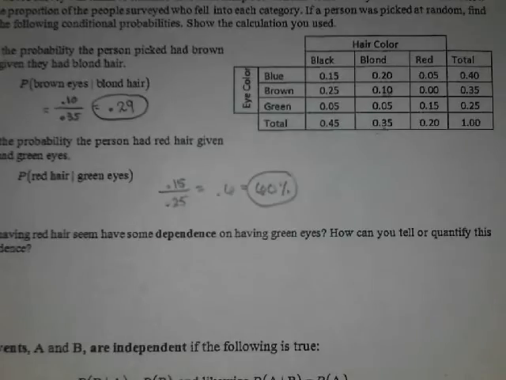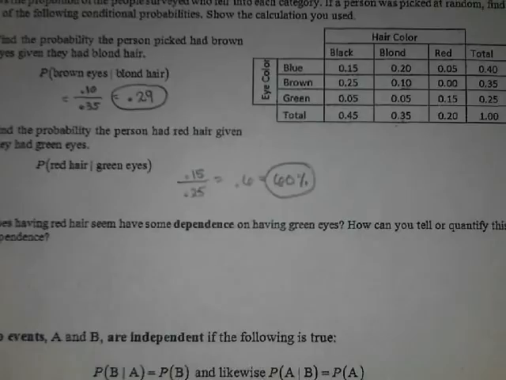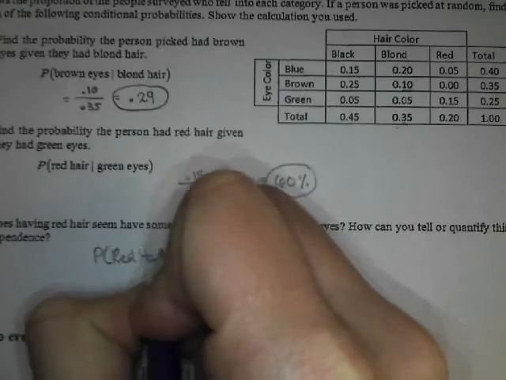Yeah, maybe. Okay. So the question then is, does having red hair seem to have some dependence on having green eyes? I would think so. Because if I just take a completely random person, what's the probability of having red hair? Look at your chart.